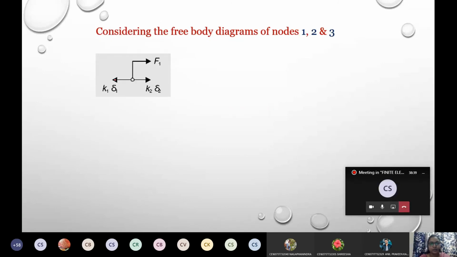So for node 1, to the spring side 1 it is K1 delta 1, and to spring 2 it is K2 delta 2. And also a force F1 is given at node 1. So this is the free body diagram for our node 1. If I have this diagram, what will be my equation? That you have to check.